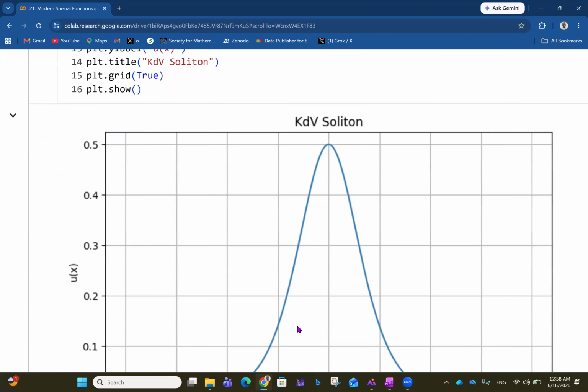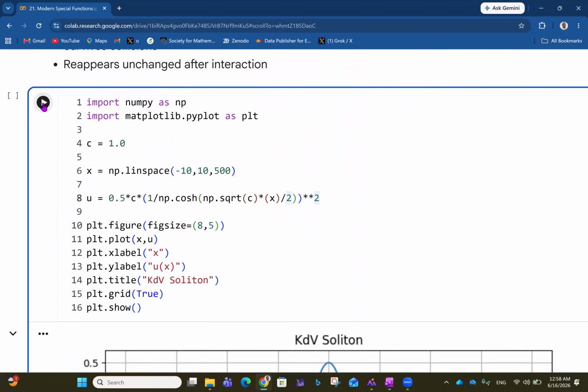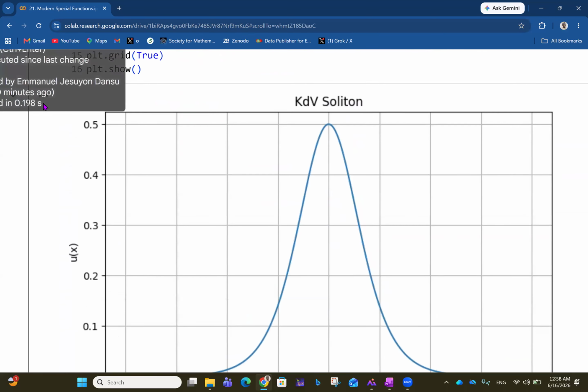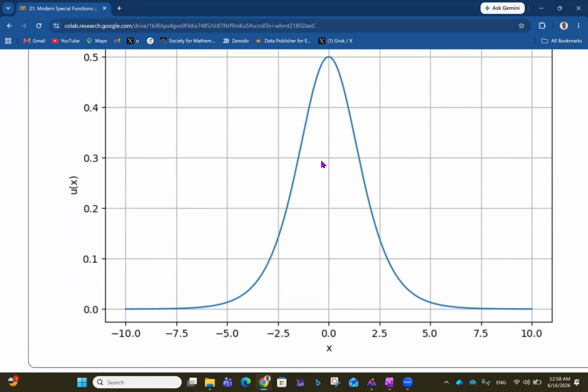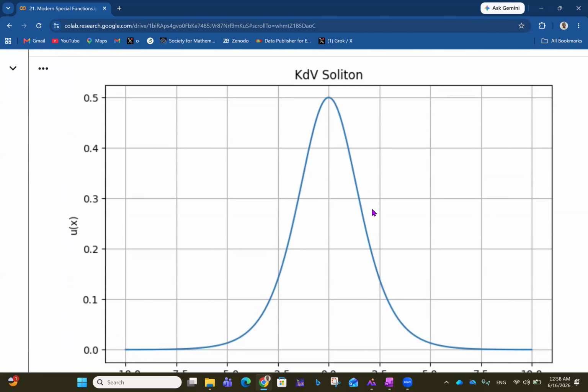This is described here. That's the solution. And by the time we visualize it, we have this thing. It has a kind of peak around here, and it looks like a normal distribution kind of thing, but not quite, right?